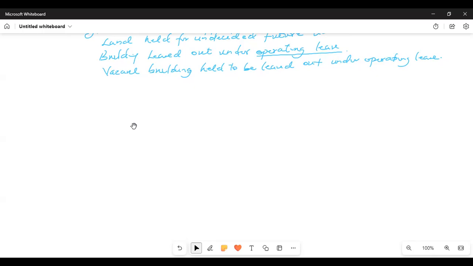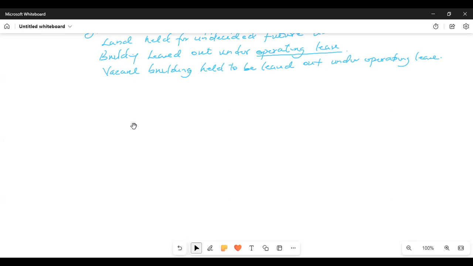All right. So now the first one is that when you have a property and the property is being constructed or developed for use as an IP, you've not finished constructing it, but you are constructing it.